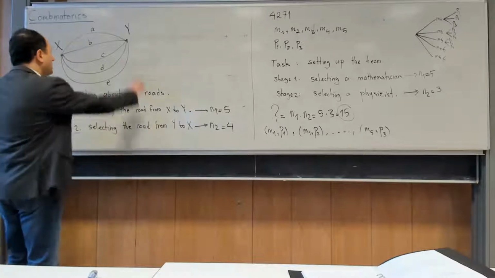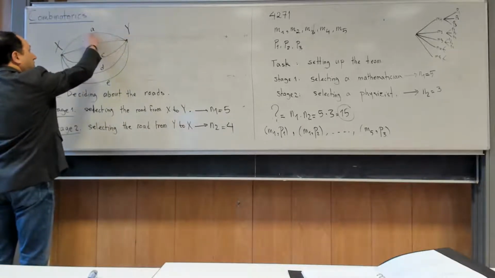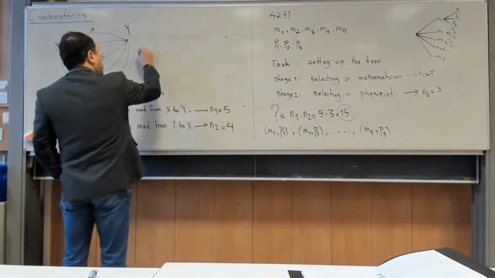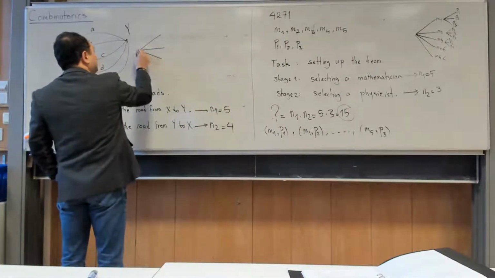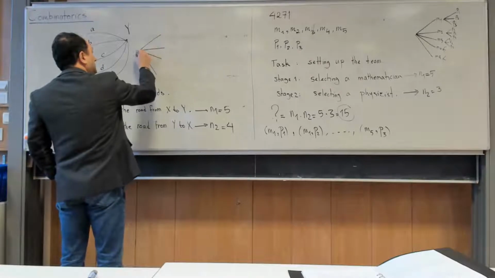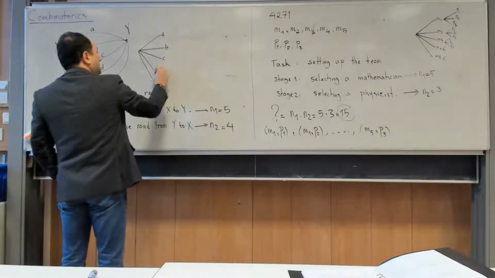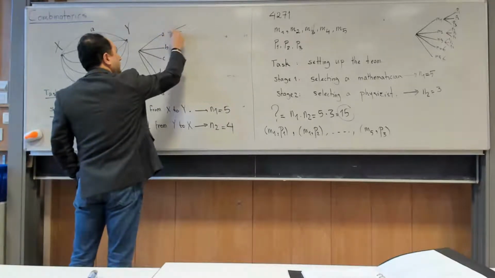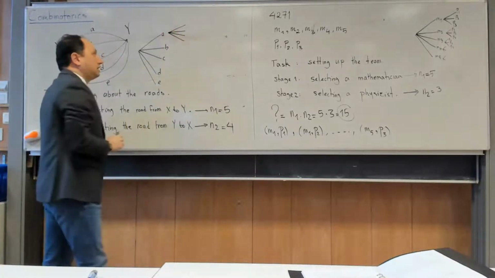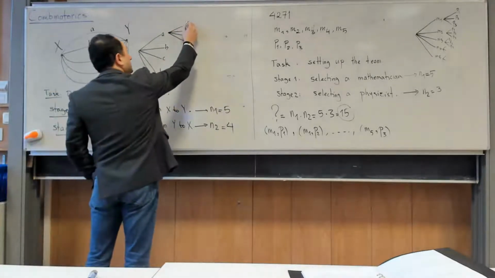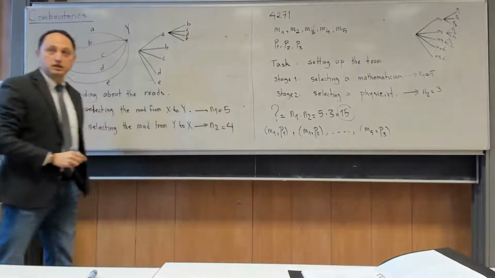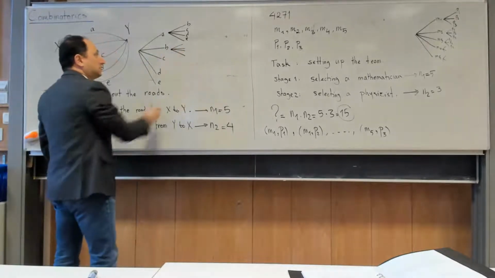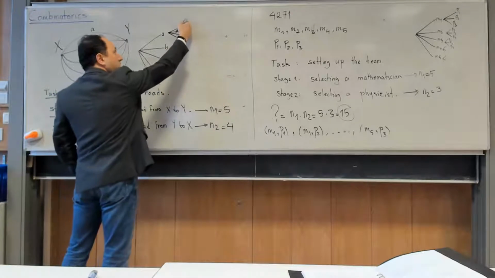If I want to draw a diagram, this is a tree diagram. I might choose how many ways here? A, B, C, D, and E. If I have chosen A in the first stage, how many choices are left for me? B, C, D, E. But if I have chosen B, how many choices are left for me? Again 4, even though these are different.